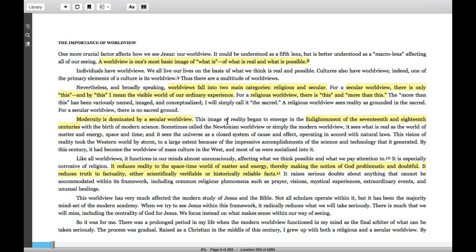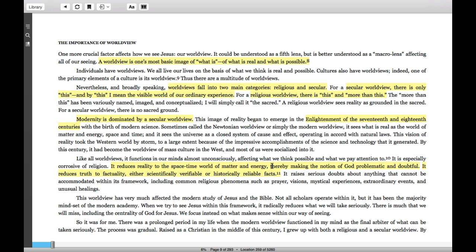The religious worldview has a sense of reality that is grounded in God, that is grounded in the sacred. And what he goes on to lament is that during the Enlightenment that shifted. And so now today, most people, maybe even you, have more of a secular worldview than a religious worldview. So think for a second, what type of worldview did Jesus have?